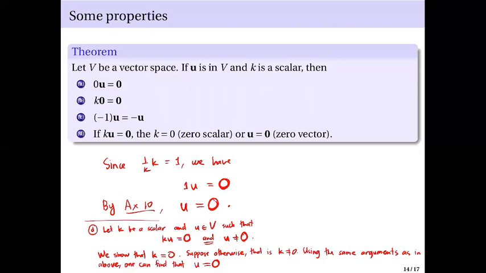This is a contradiction. So we must have K equals 0. Okay? So that's the end of the proof for letter D.